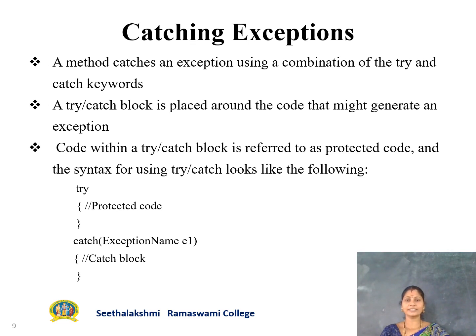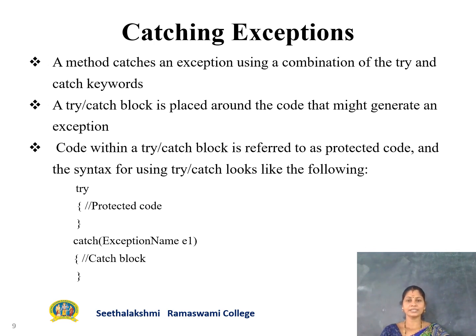The syntax for using try catch looks like the following. Try followed by an open curly bracket, and it has some set of protected code, and then a close curly bracket.